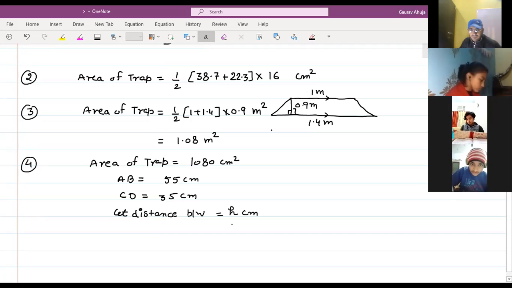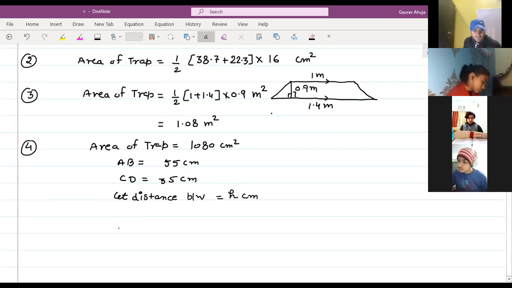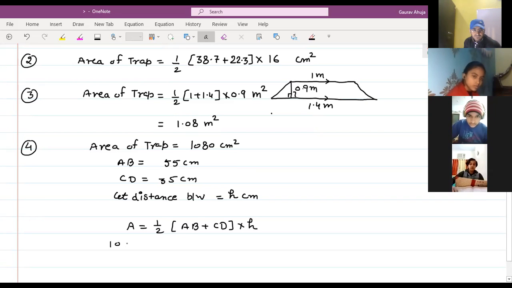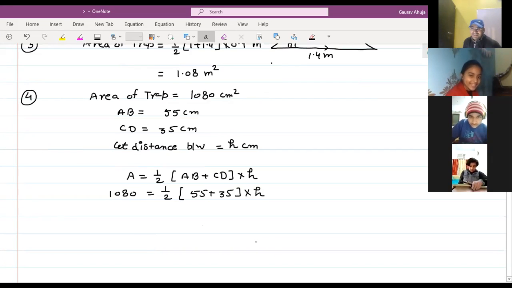Now we'll write the formula. Area is equal to half sum of parallel sides into height. Area is 1080, half (AB plus CD) into H. Now we'll find the height. 1080, half of 90.